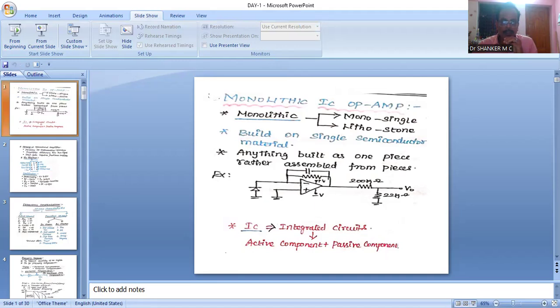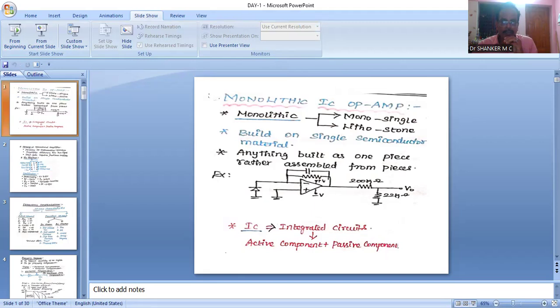Why they gave the name operational: it provides mathematical operations such as addition, subtraction, integration, differentiation, and also the amplification function. All these are integrated and functioning on a single chip.